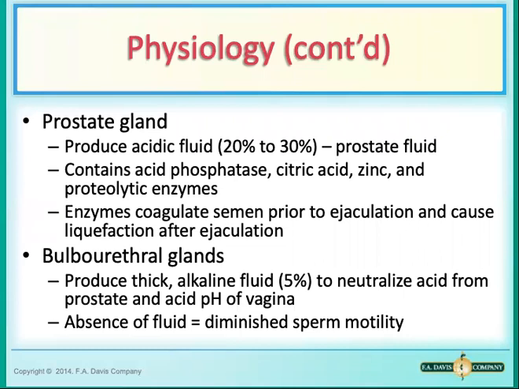Without this neutralization, the sperm motility would be diminished. So it is important that this thick mucus alkaline fluid is there to help neutralize the acidity from the prostate secretions and also from the vaginal fluids.